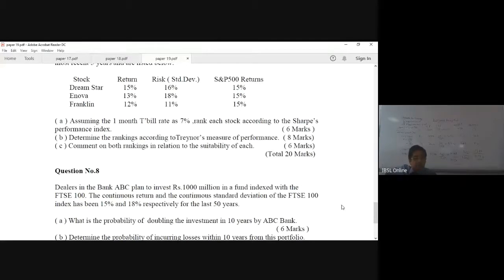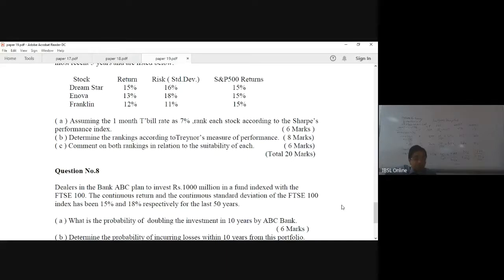special type of phenomenon here. As per the rankings by the Treynor measure, all are at the same level of performance, so they are at the same rank. That is a specific thing that comes here, so you have to comment on that.